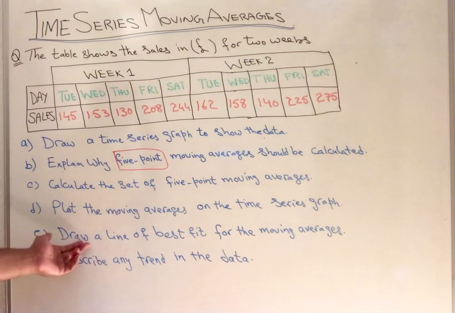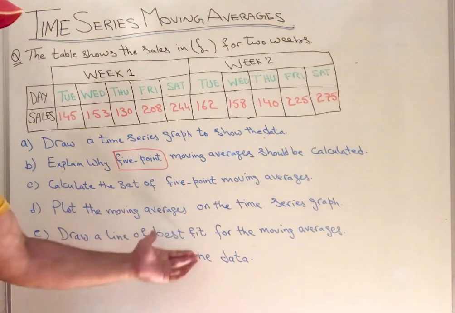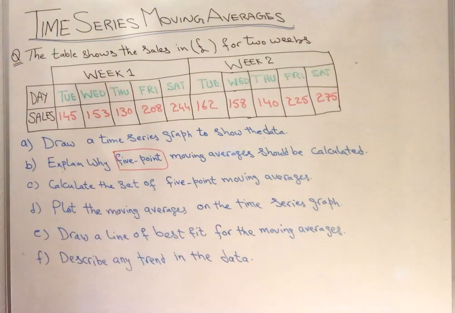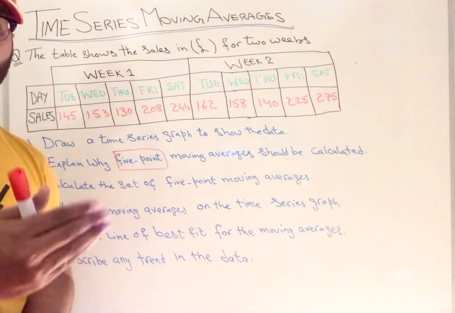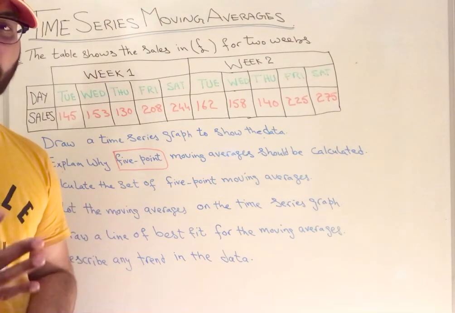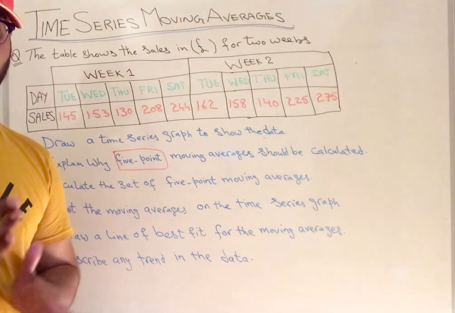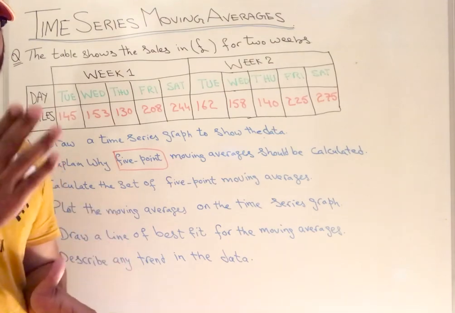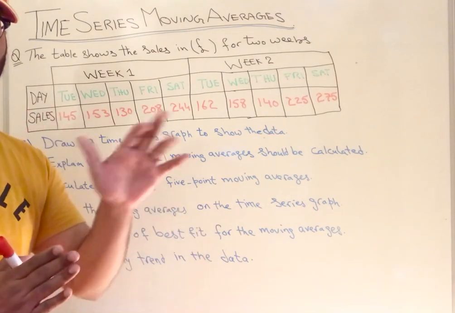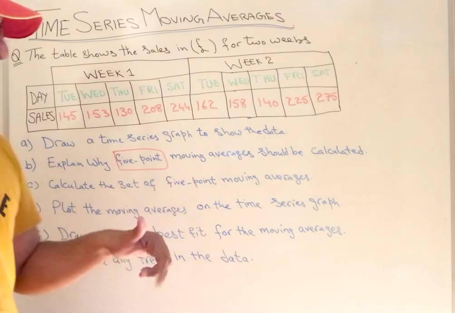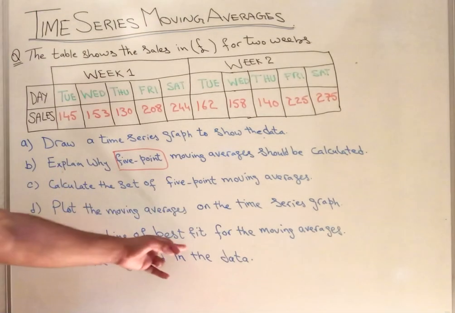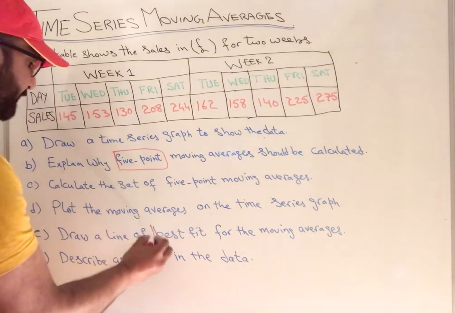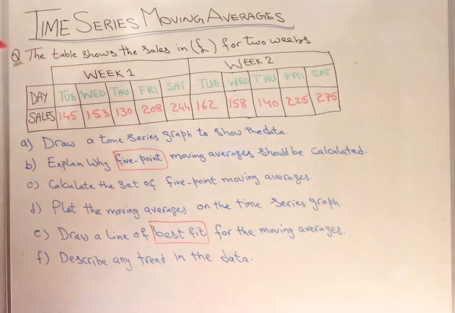Then they say to draw a line of best fit for the moving averages. We connect the points with a straight line going up and across, selecting the last point and the previous point, and between them we make a line, called the best fit line.